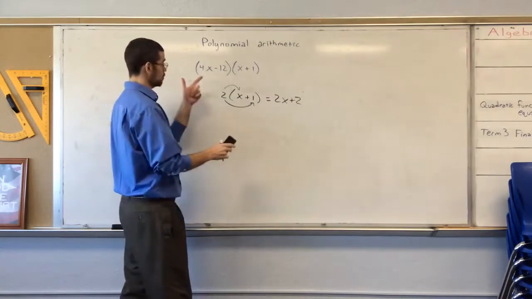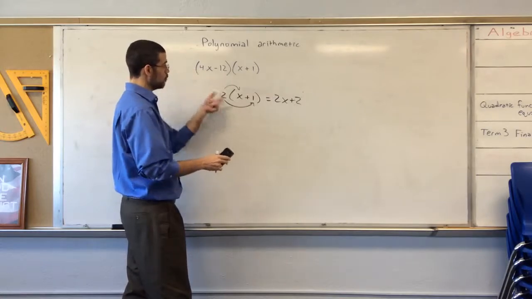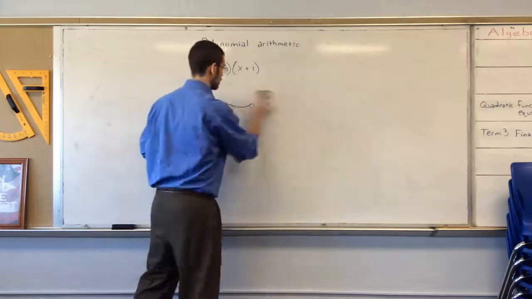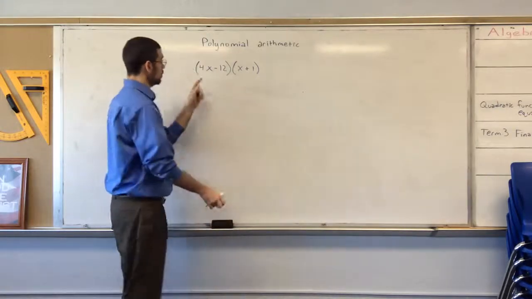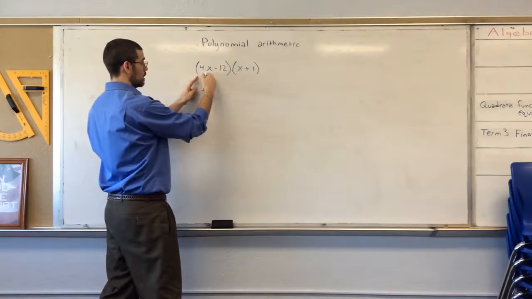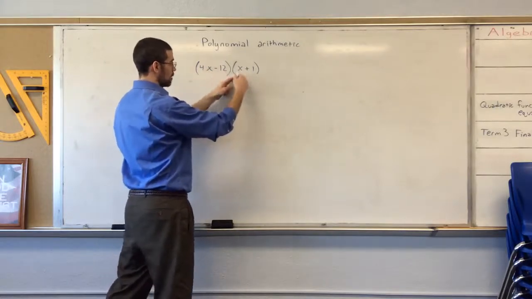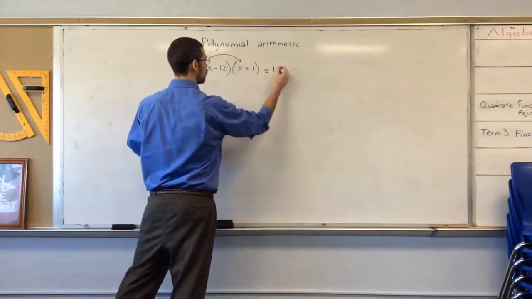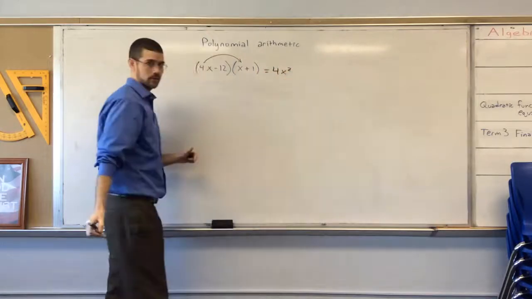The same principle gets used when we have more than one thing being multiplied by everything in the parentheses. We'll do that with this one. So our first term is 4x times x, which equals 4x squared.